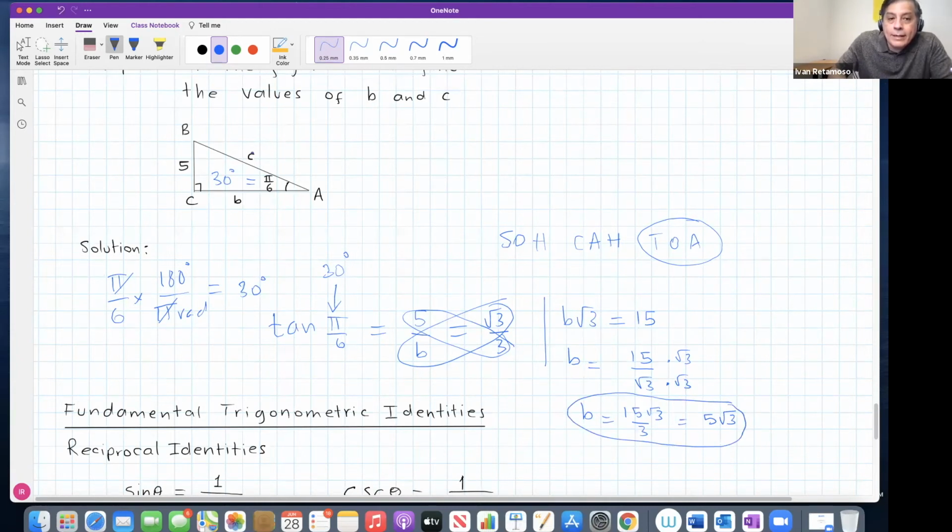Similarly, in order to find C, you can use, for example, something that relates the opposite with the hypotenuse, sine, right? Sine. Use a different color here. Sine of pi over 6 equals opposite 5 over hypotenuse C. But at the same time, you know that sine of pi over 6, sine of 30 degrees, is 1/2, right?